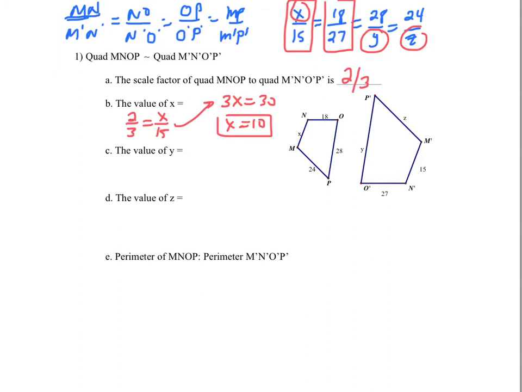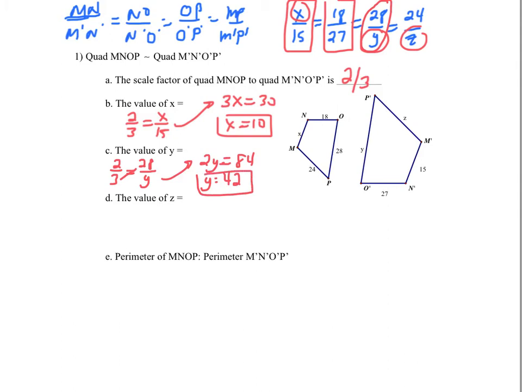Okay, to solve for y, take your scale factor of 2 over 3, look for your ratio that has y in it. We have 28 over y. Cross multiply, we end up with 2y is equal to 84, because that's what 28 times 3 is equal to. And then take and divide by 2. 84 divided by 2 gives us 42.